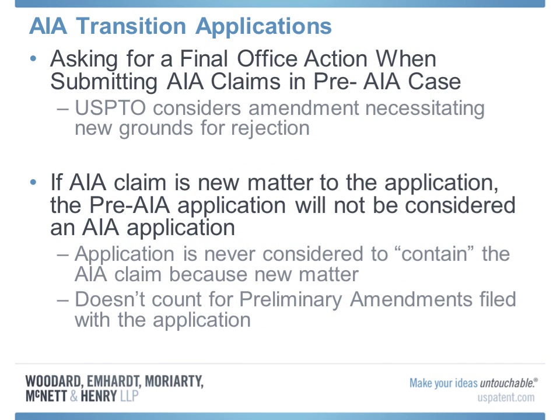Some other things where your attorney could shoot themselves in the foot. Say you had a CIP application, but you're only claiming pre-AIA subject matter, and then in my response, you start claiming new subject matter that's in the new application that wasn't supported all the way back. I could get a final office action real quick because that changes the grounds of rejection. So if I flip-flop from a pre-AIA application to an AIA application, I'm going to get a final office action.